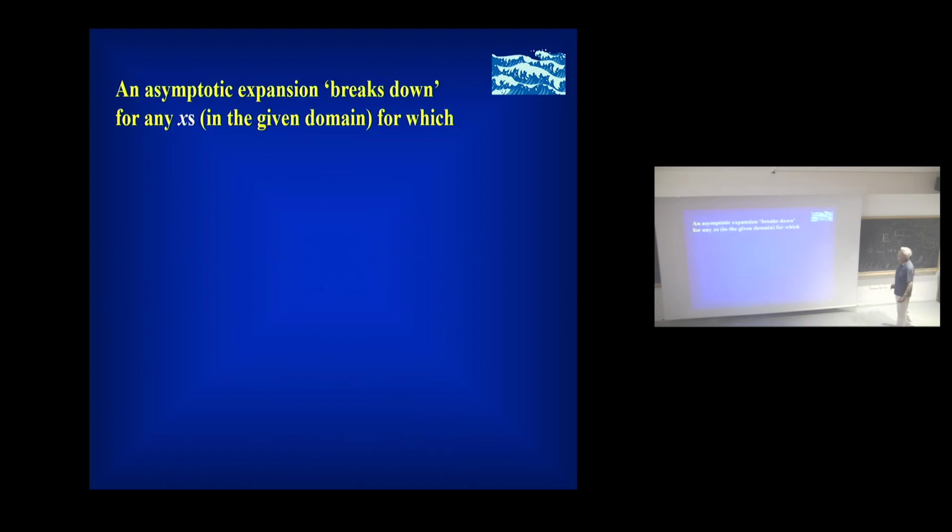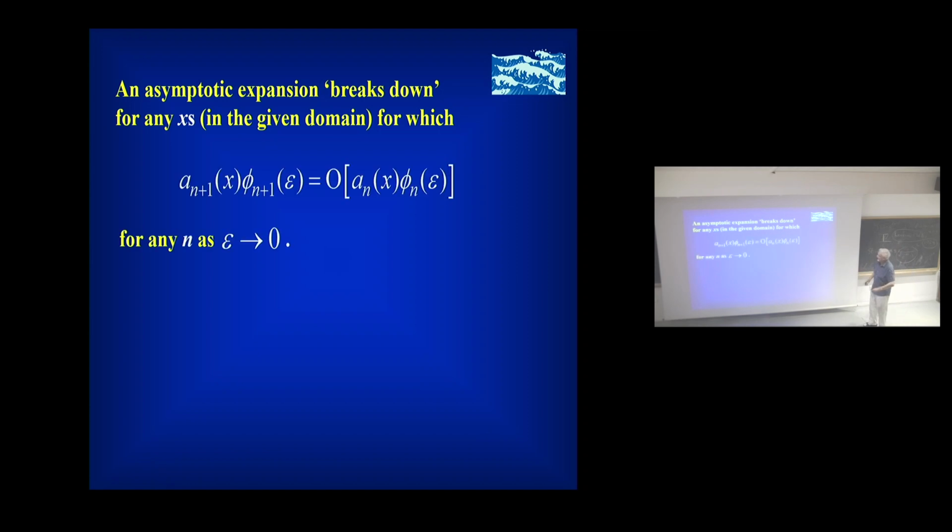Okay, so here we are. I've just written it down here. We say the asymptotic expansion breaks down for any x's in the domain for which succeeding terms in the asymptotic expansion become the same size.